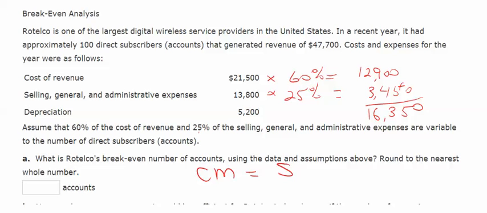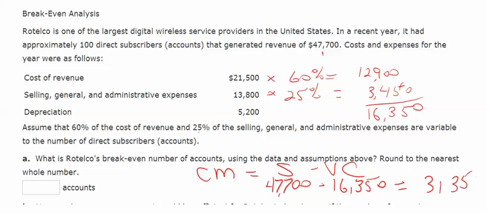So my contribution margin, I can now calculate. Contribution margin is equal to my sales minus the variable costs. My sales were $47,400. It comes from right here. Minus my variable cost of $16,350. And that's going to leave $31,350.